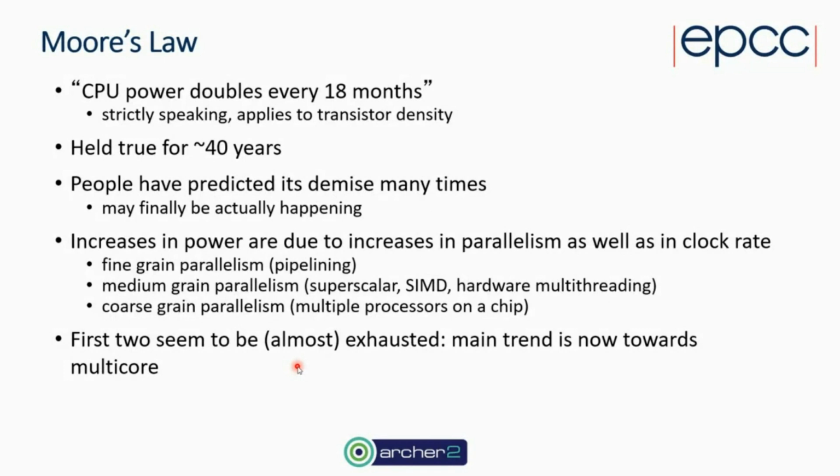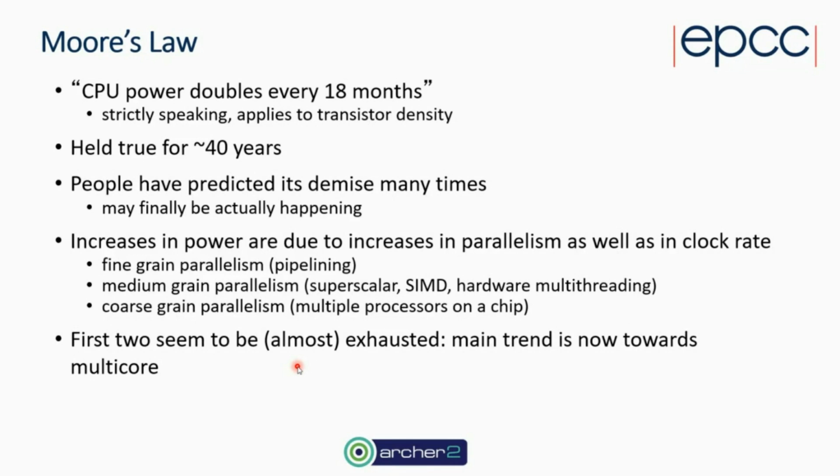Now, of course, this has impacts for us because the individual cores have not got 5 times faster. If you compared an Archer to an ARCHER2 core, it would not be 5 times faster, but the overall processor has got faster, and we've got more cores. So we could probably look at seeing chip-to-chip comparisons of about 4 times faster between the systems, but the individual cores themselves haven't got that much faster.